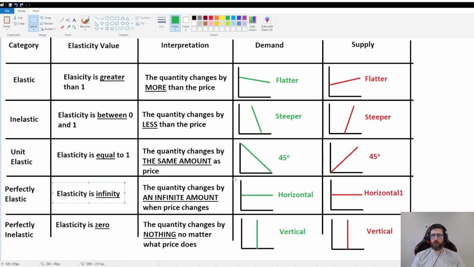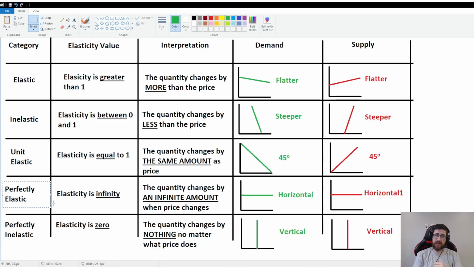You should know that it has a horizontal demand curve, and it's called perfectly elastic. You should know basically all the rows and what is in each row because it's a good way to have the fundamental categories, which is a very easy thing to test, especially with multiple choice questions or things with fairly simple responses.